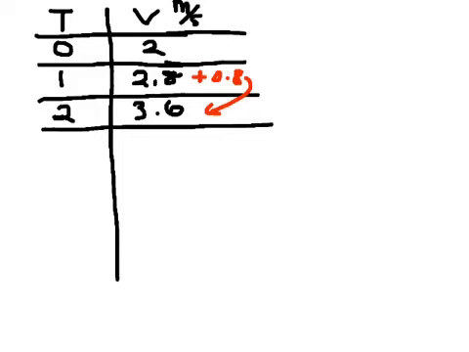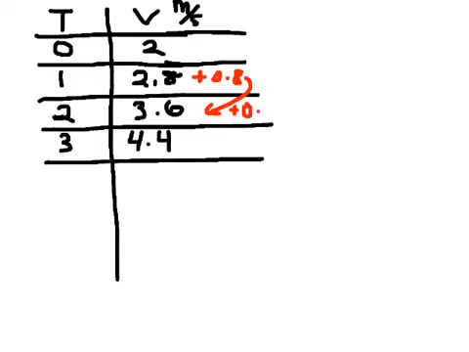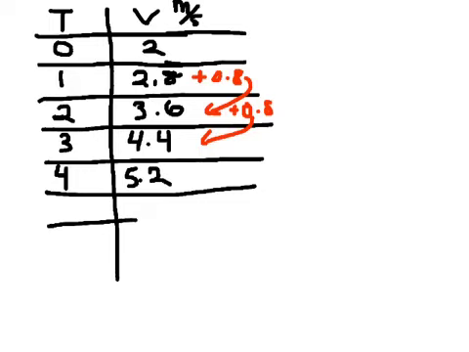Now again I'm going to go down to 3 seconds. It's going to be 4.4. That's another 0.8, I'll add that. And we can continue this trend. At 4 seconds, it's going to be 5.2.